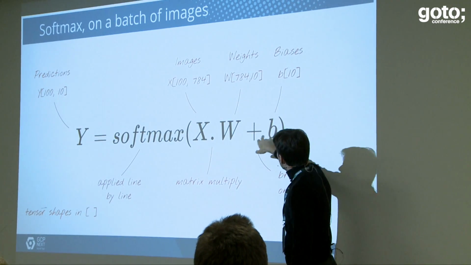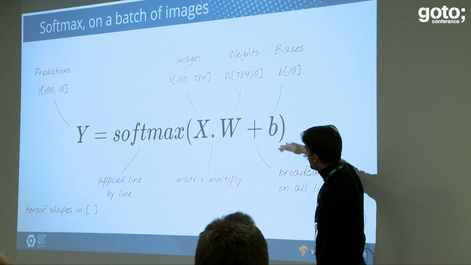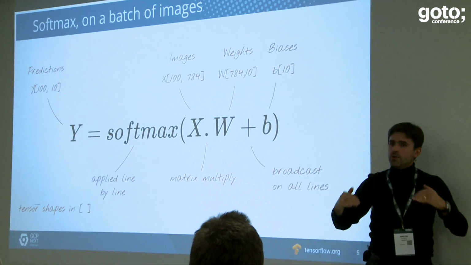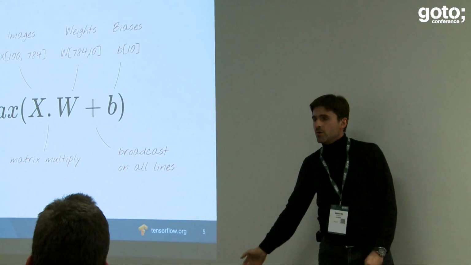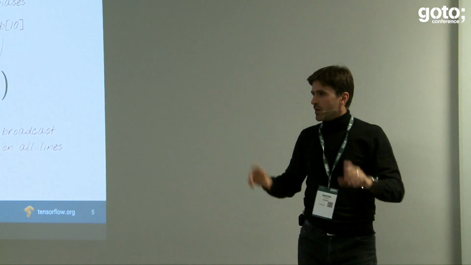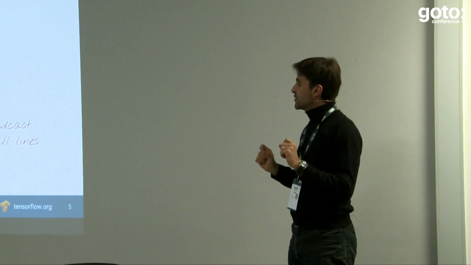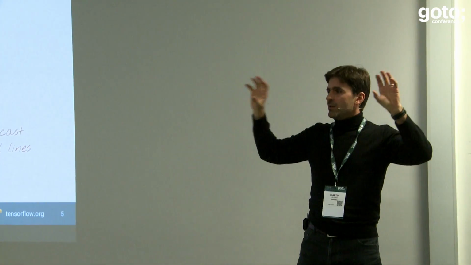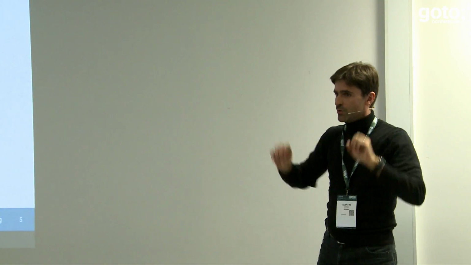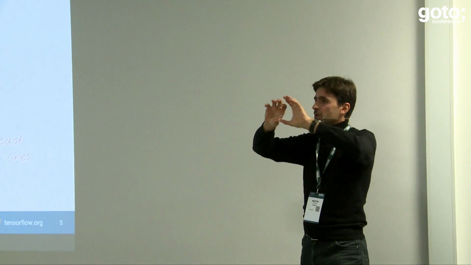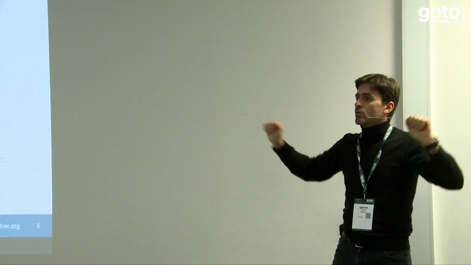Now, on each line, we add our 10 biases, and line by line, we feed this through the softmax function, which line by line, reminder, a line is the 10 weighted sums plus b for our 10 neurons. So line by line, we take the exponential of all the values and normalize.